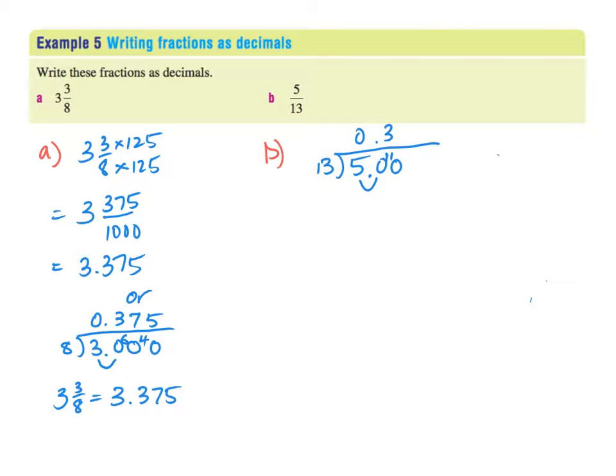Okay, so we've got 13 into 110. So at this stage, because a lot of our numbers go beyond our 12 times 12 times table list, you can use your calculator for this one.